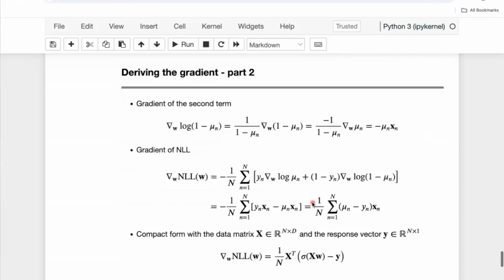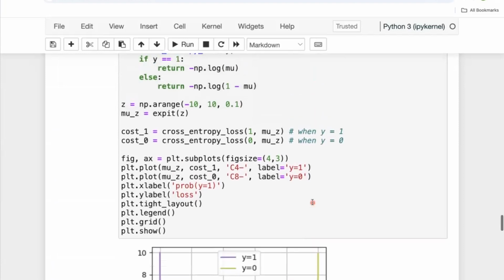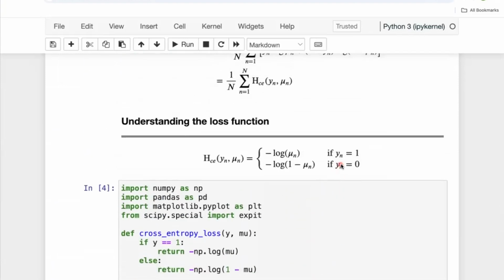And this is exactly what happened with the cross entropy too, right? Because if you remember, if it belongs to class 1, it was the negative log of the probability that it belongs to class 1. And if it belonged to class 0, then it was the negative log of the probability that it belonged to class 0. That's exactly the same thing. So if you have, say, 10 classes, then you have the negative log of the probability that the data point belongs to whatever class it is.